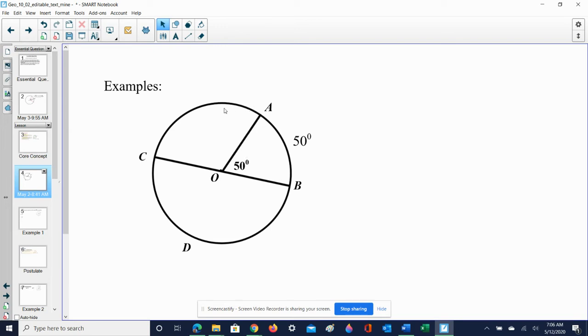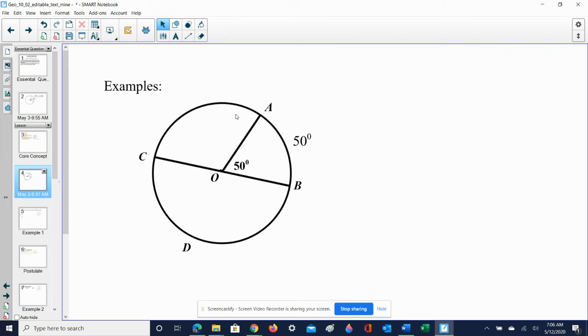So what would arc AC equal? Well, CB is a diameter. A diameter divides a circle into two semicircles, each of which is 180 degrees.